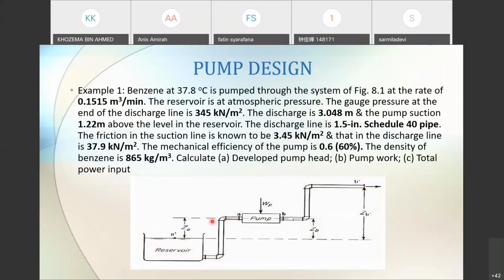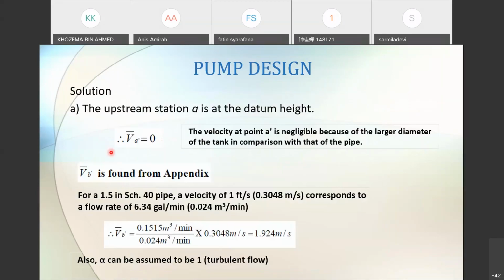At this point, your PA is your atmospheric pressure, and for VA, the diameter of the reservoir is so big compared to the diameter of this pipe that even though there will be a velocity, it is so small that we can assume it is 0. That's why we can say that VA is equal to 0.